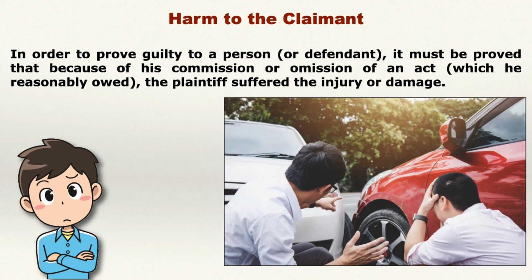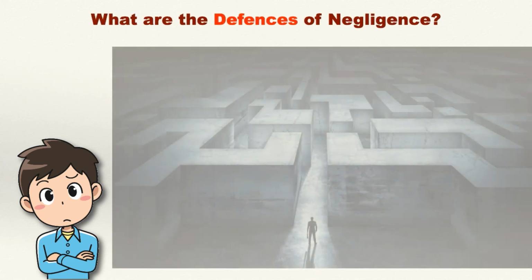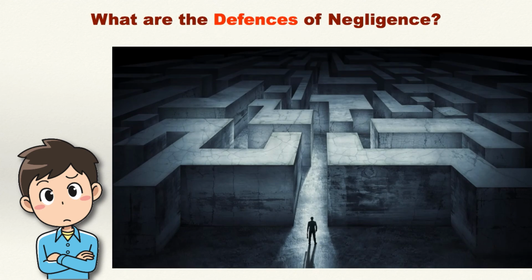Okay. Now, our next point is, what are the defenses of negligence? So, say you committed some mistake or negligently caused injury to someone else. What are the conditions in which you will escape or won't be held liable to pay the compensation? There are certain conditions in which you can escape from the situation.